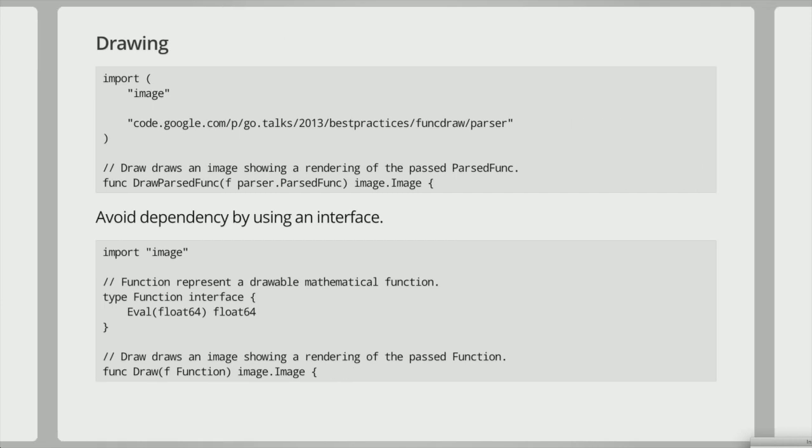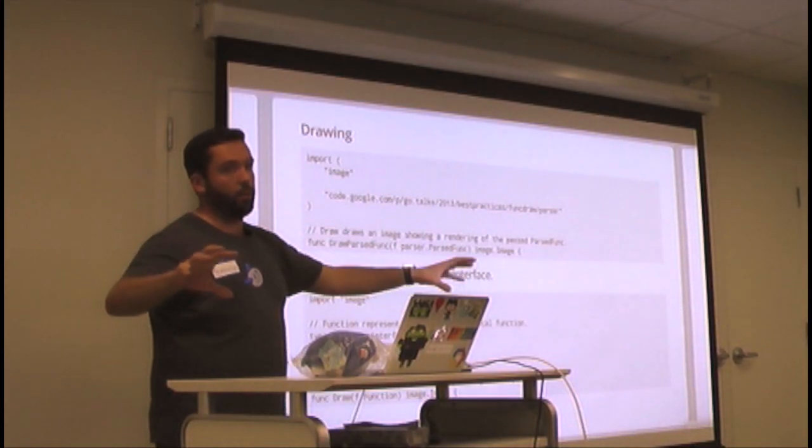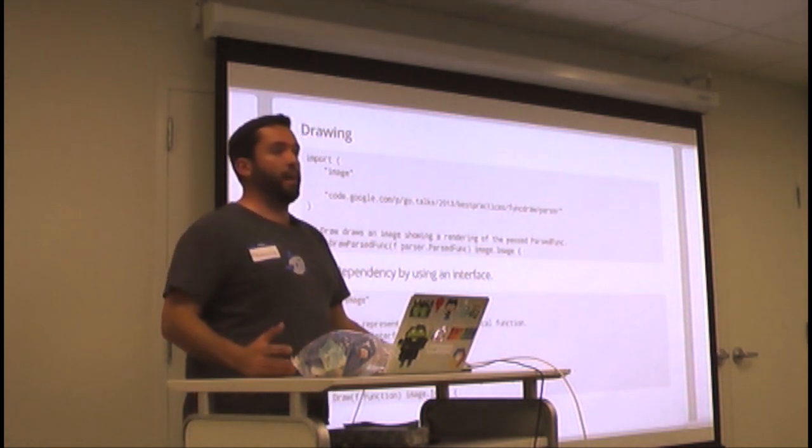Now I wrote draw. And what my draw does is, given a parseFunc, it just creates the image. Okay, pretty simple. But now, all of a sudden, draw gets a parseFunc, and it depends on parse. So my drawing depends on my parsing. Do I need that?